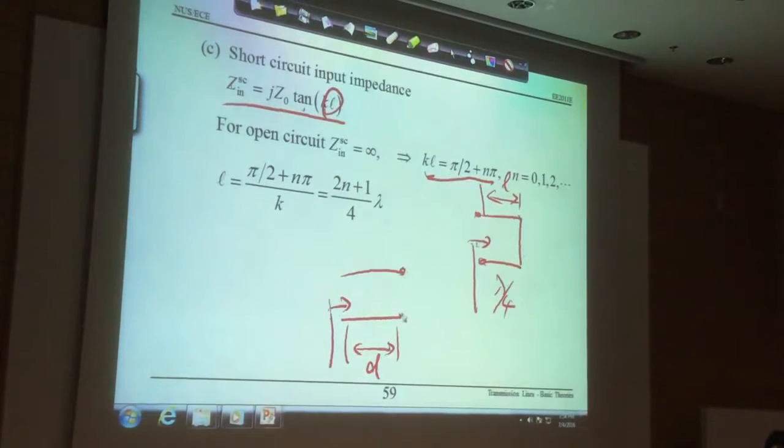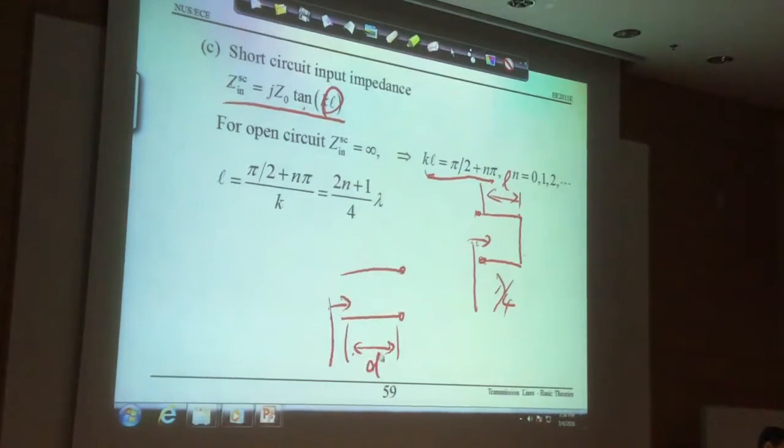Now this is open. Okay? And what is the distance of this distance where the input impedance will be 0, or will become short circuit?